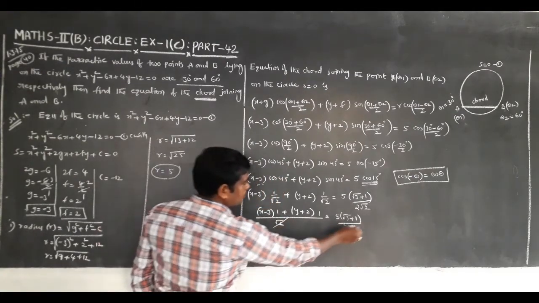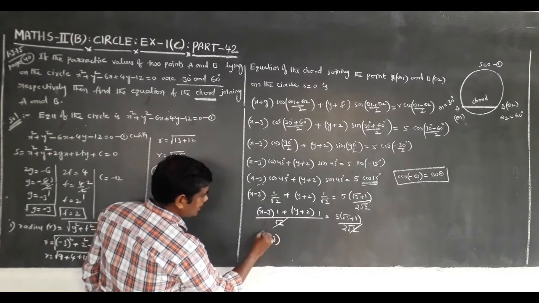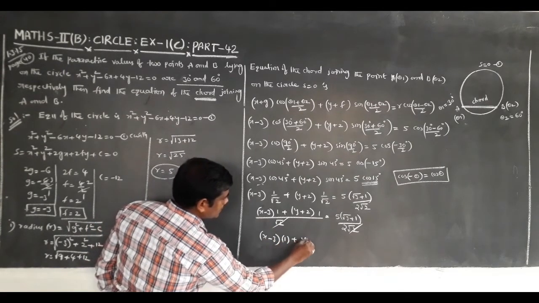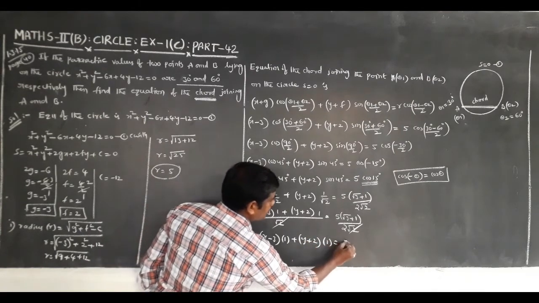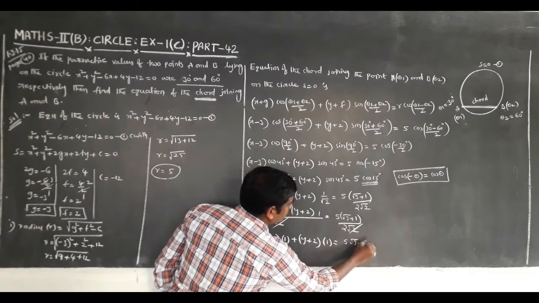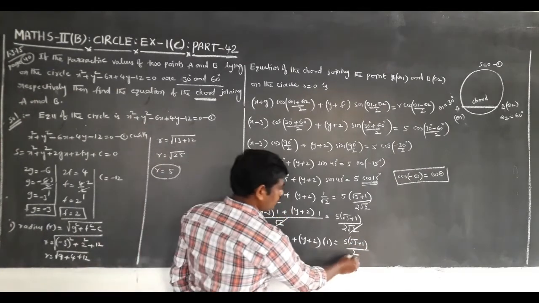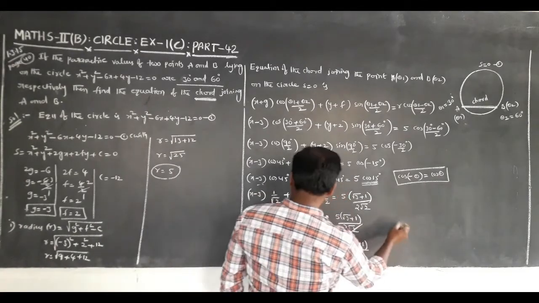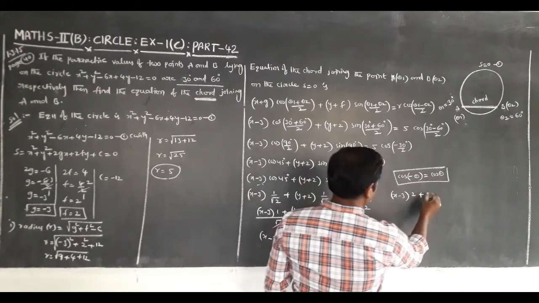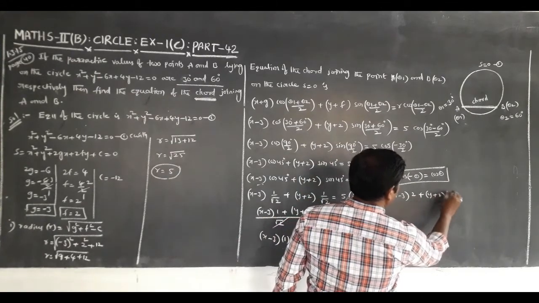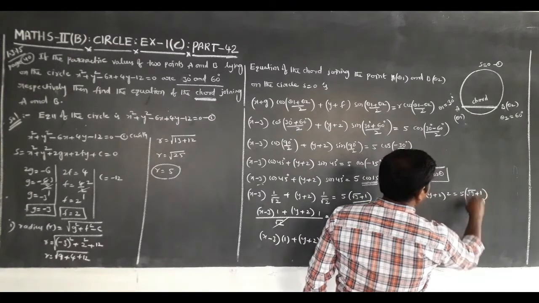Both sides root 2 get cancelled. x minus 3 into 1 plus y plus 2 into 1 is equal to 5 into (root 3 plus 1) by 2. Taking 2 to the left side, x minus 3 into 2 plus y plus 2 into 2 is equal to 5 into (root 3 plus 1).